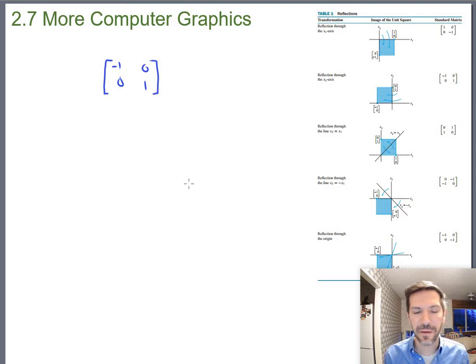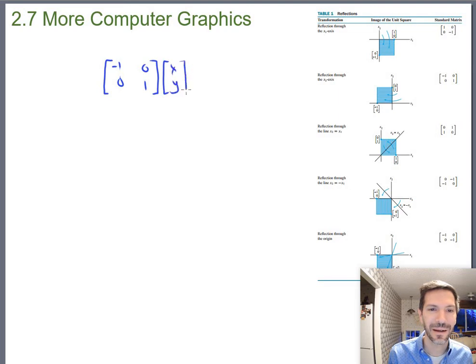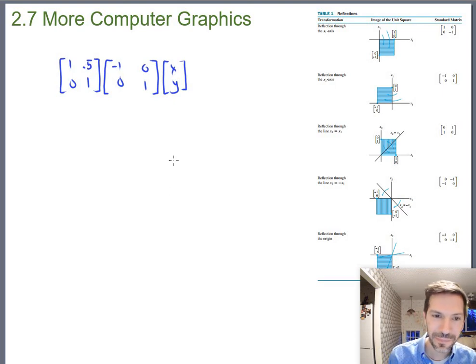And let's suppose after that you also want to do a shear, and if you don't remember shears, they'd put something like this there, let's say. So that leaves the x vector the same, but for the y vector it adds on half of the x coordinate.